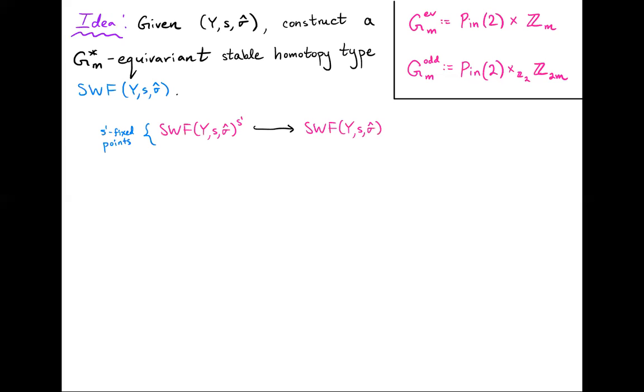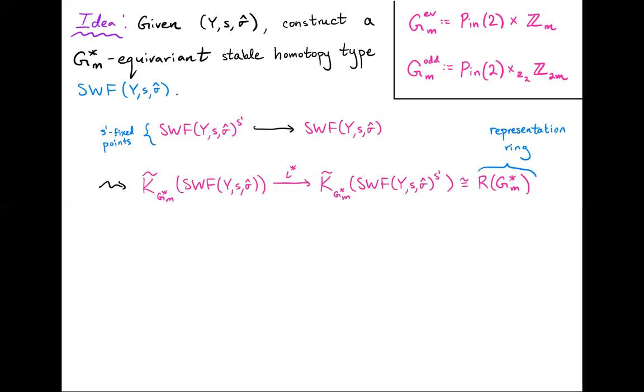So, easier said than done. Let's take that for granted. We have our spectrum. How does this go? First we consider the inclusion of the S1 fixed point set of this spectrum into the whole thing, and take reduced equivariant G star m equivariant K-theory of this map. That gives you a map going the other way, the restriction map.